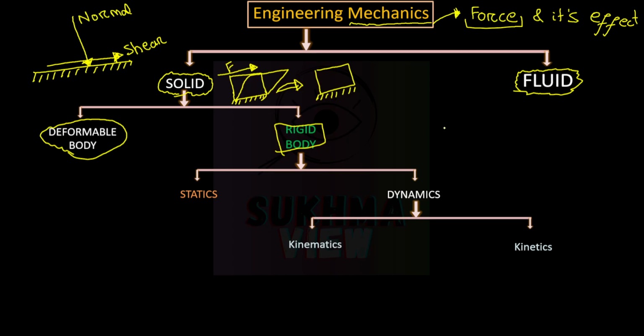In case of fluid, what is happening? Suppose this is the surface over which liquid or gas is present; liquid and gas are the objects in the category of fluid. In this fluid, if you apply any amount of shear force, what will happen?